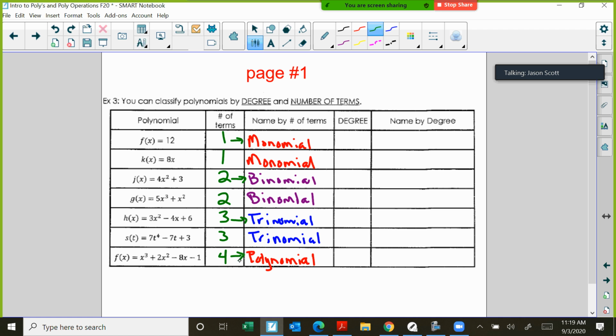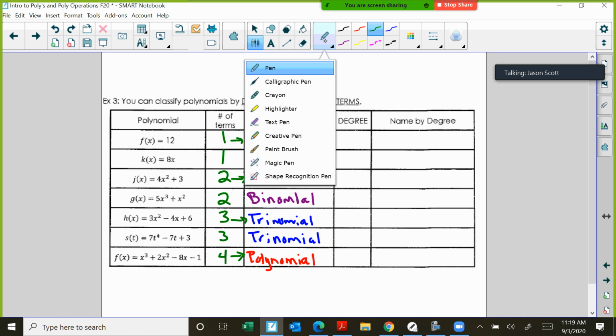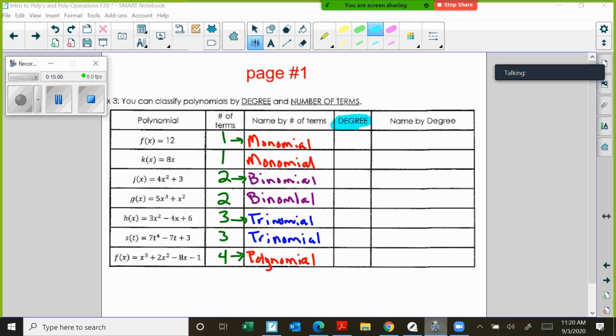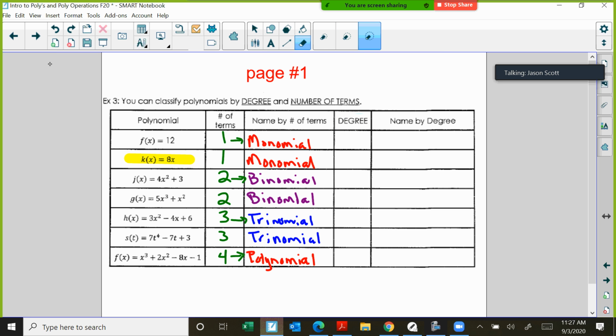All right. So then we get into calling them by name. Now, that's based on the degree, and the degree is the highest exponent in the problem, in the polynomial. So to name a polynomial by its degree, you find out what its degree is.